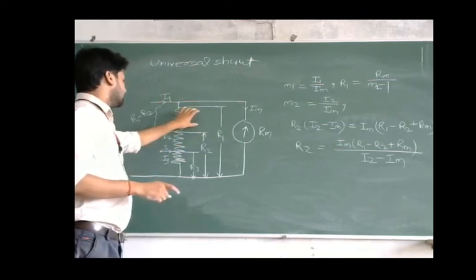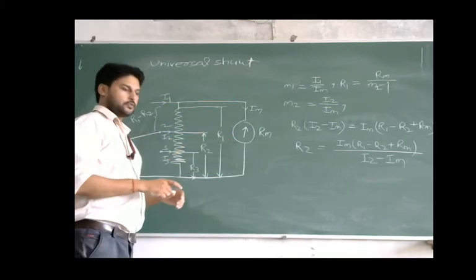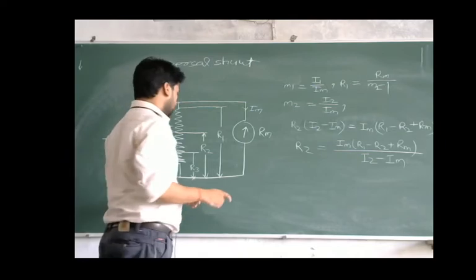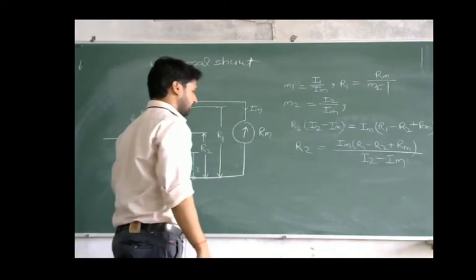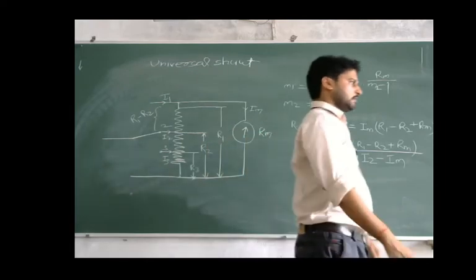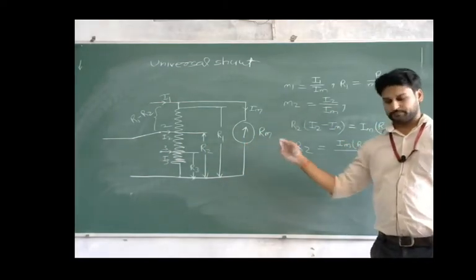This resistance increases the total resistance of the instrument, so the power consumption increases and the accuracy decreases. So this is another way to increase the range of the ammeter.